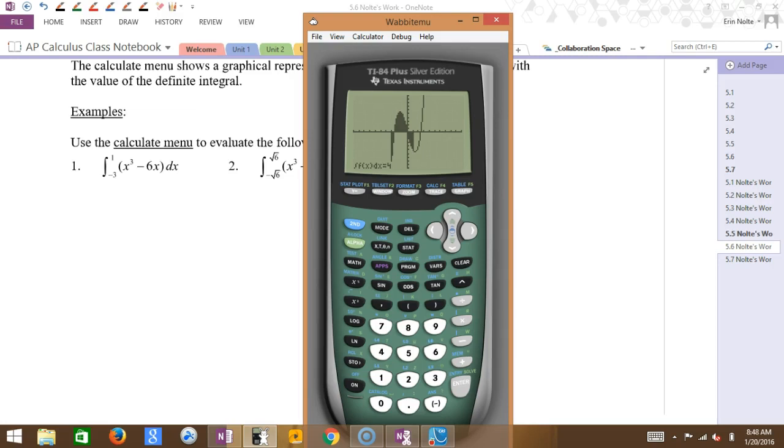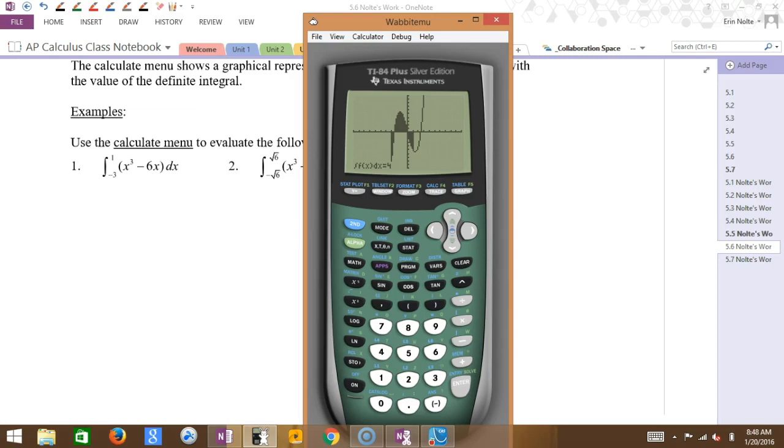Just type the number, you don't have to use arrows. Then hit enter. It says upper limit. The upper limit is 1.